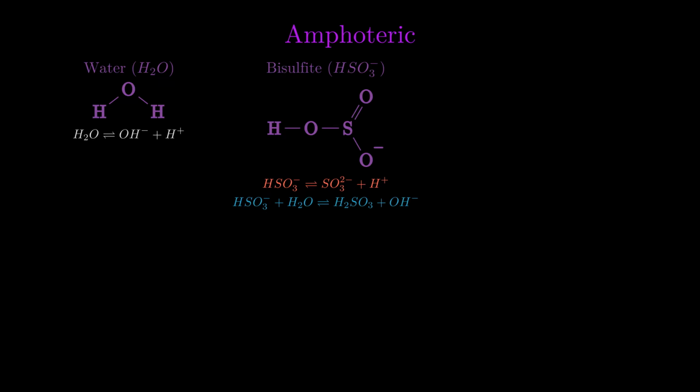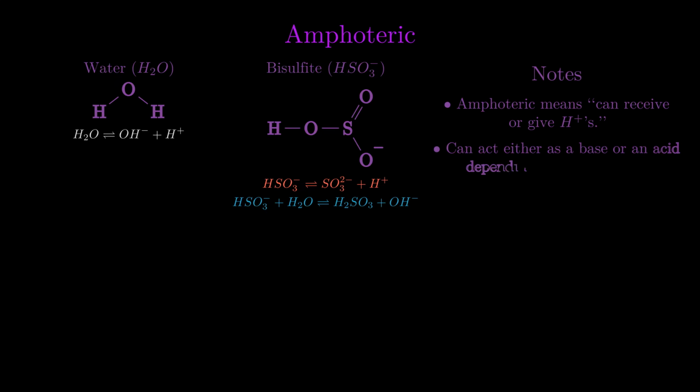Now, the second one would be bisulfite, because the bisulfite can either accept another H+, because it is a polyprotic acid conjugate. It can either accept another H, or it can give away another H. And because of that, that means that it's amphoteric. It can either make the solution more acidic or less acidic, in other words, more basic. The notes just say the same exact thing I said.